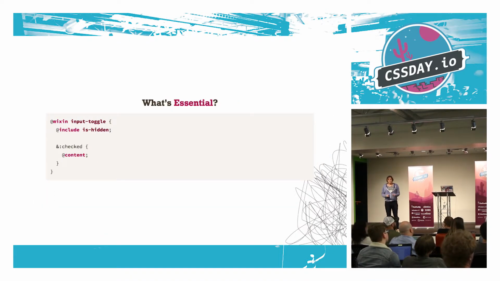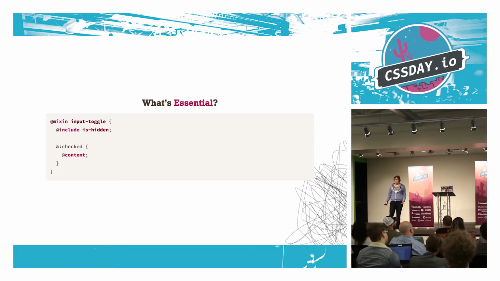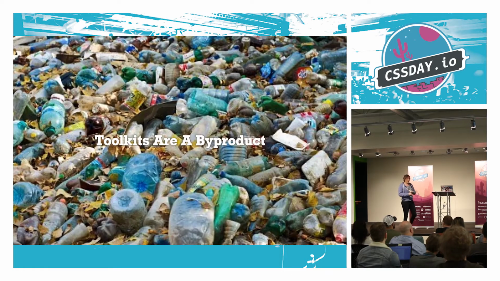So I pulled it apart and said, okay, what's essential? There was only one piece in there that was essential. It was this. That was the only special thing in that code. So now this is in our toolkit. And we got rid of all the cruft, right? And so it's okay to over-engineer something first and then slowly winnow it down to just what do I need? What's going to be the most useful from one place to the next?